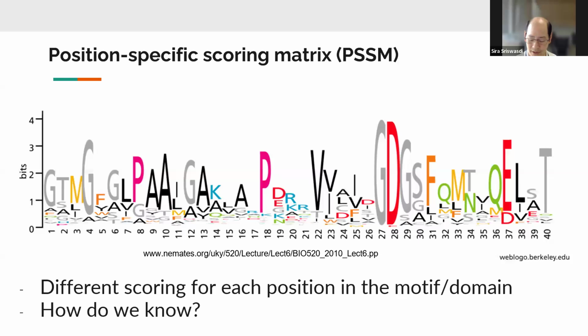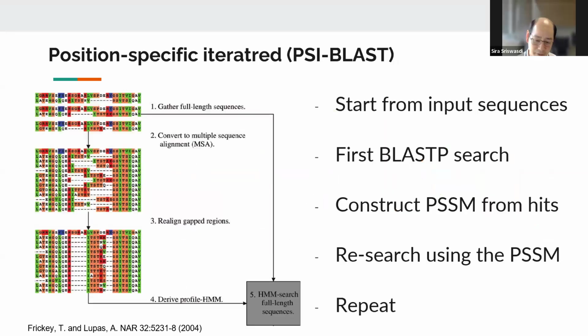How do we figure this out without knowing anything? So what PSI-BLAST does for us is it's going to start from your input sequence. You have a protein. You want to search for other proteins. But currently, you don't know any pattern. You only have one single sequence. So BLAST is going to do a single BLAST search, a vanilla BLASTP search. So we're going to get some hits from BLAST.